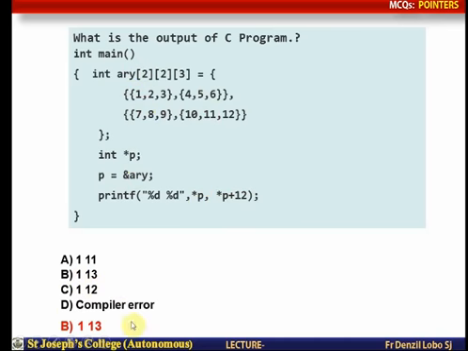It is going to be 113. Why 113? Because *P is equal to 1 here. *P is the first element, so no problem. *P plus 12 is what is contained at P, that is 1, plus 12, therefore 13. Suppose you were to put brackets here, it would have been very different. It would have an error.